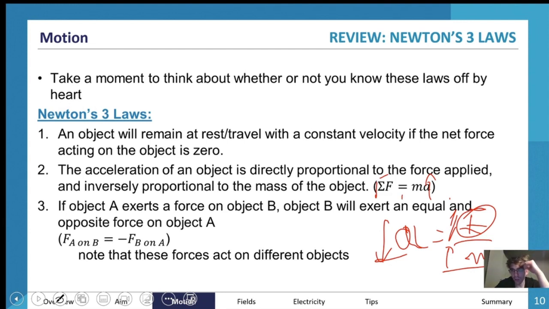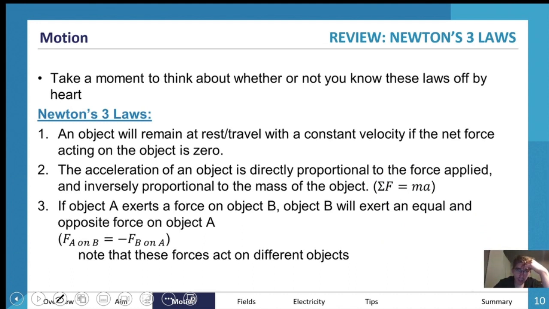So if you increase mass but you keep force constant, you have to decrease acceleration. For the same amount of force applied, if you increase the mass, you have to decrease the acceleration. That's a better way of putting it.